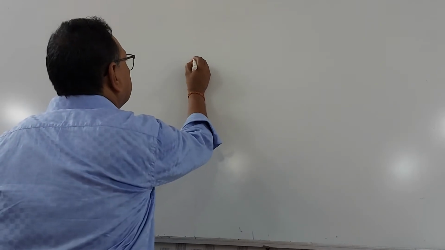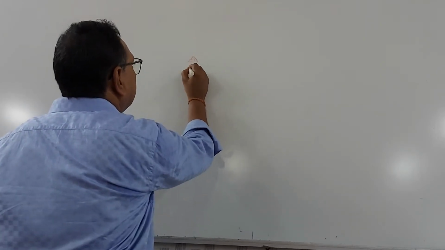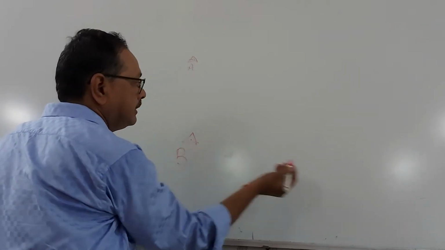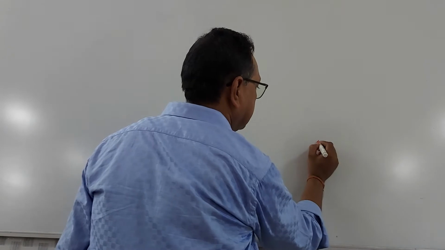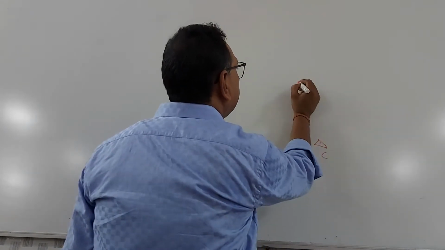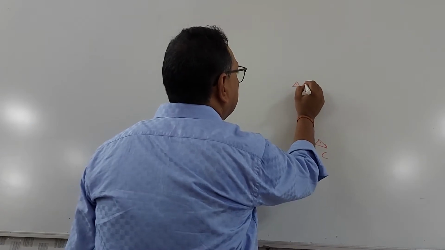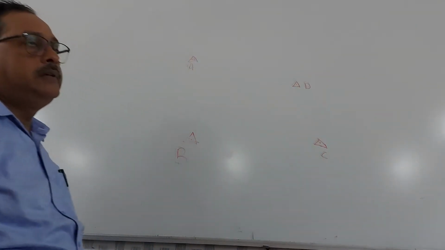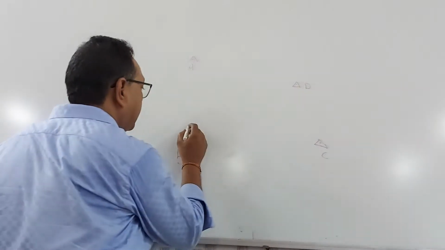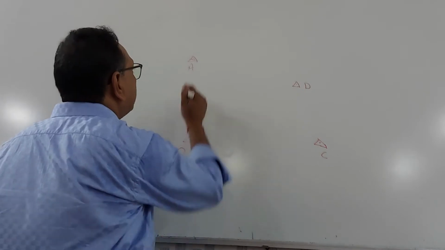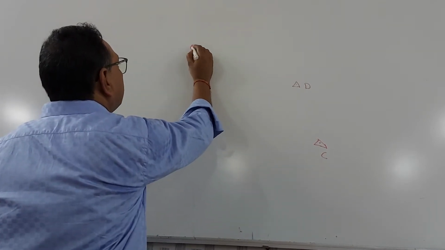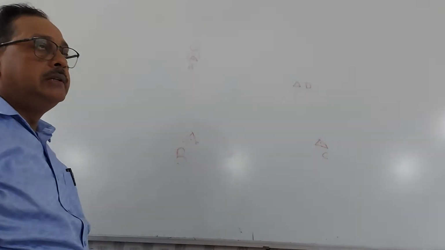A is here, then station B is here, then station C is here, maybe D is here. So by putting the tripod here, suppose your first station is A, mount this particular prismatic compass here.